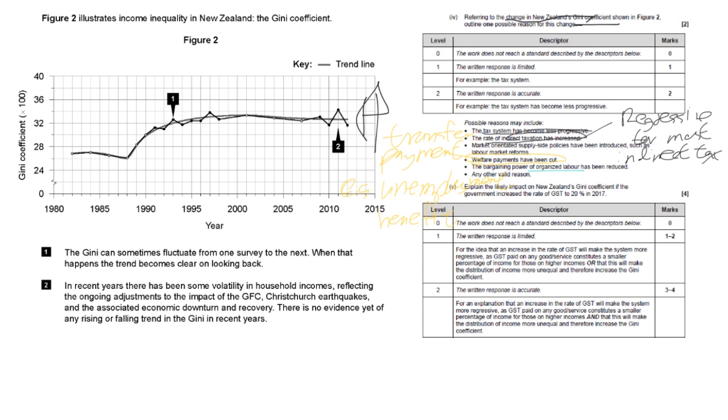This means we will refer back to the trade union. So you have to go back to this chapter to have a further understanding. Now for part 5, we have to explain the impact if the government increased the rate of the GST. I would like you to bear in mind that GST is a kind of indirect tax.